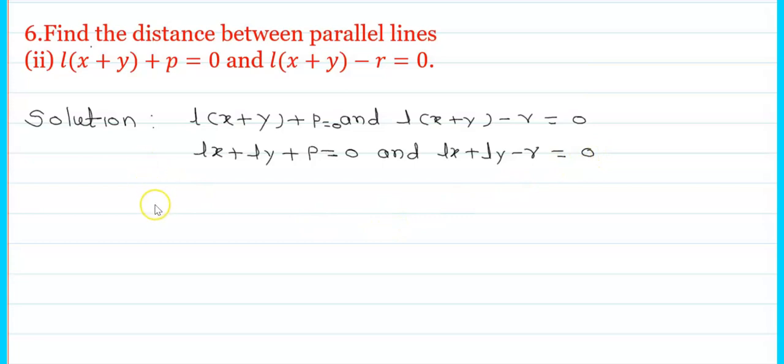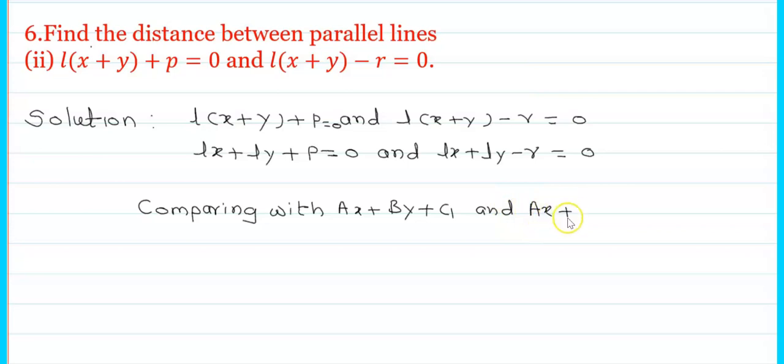Now comparing with ax plus by plus c1 and ax plus by plus c2 is equal to 0.